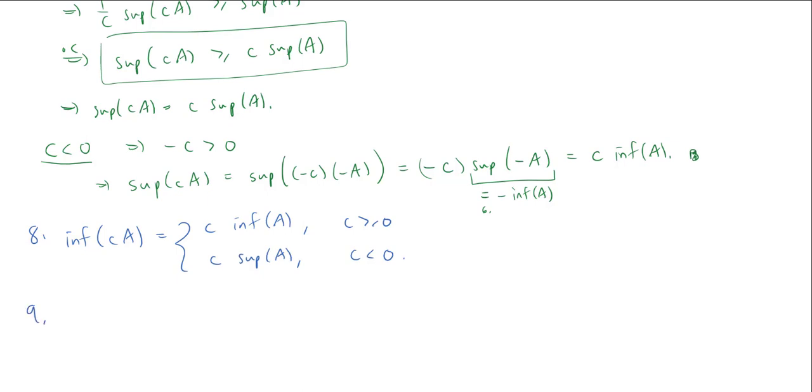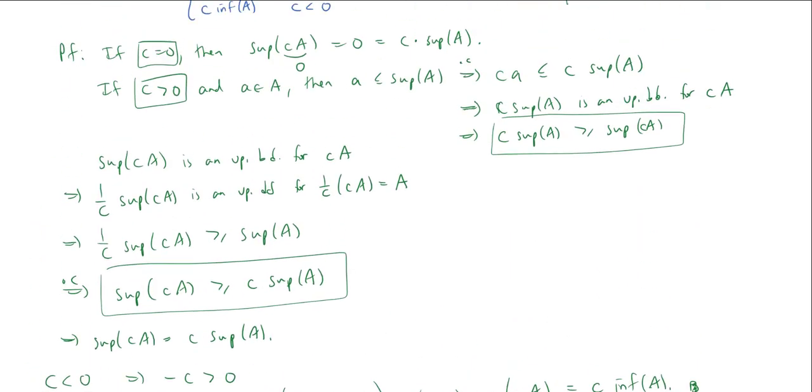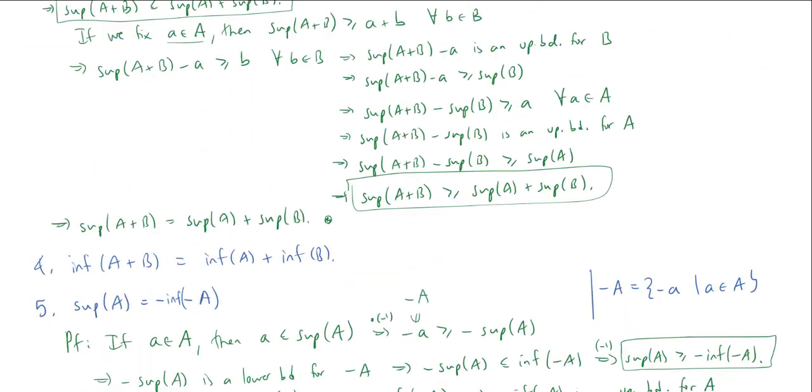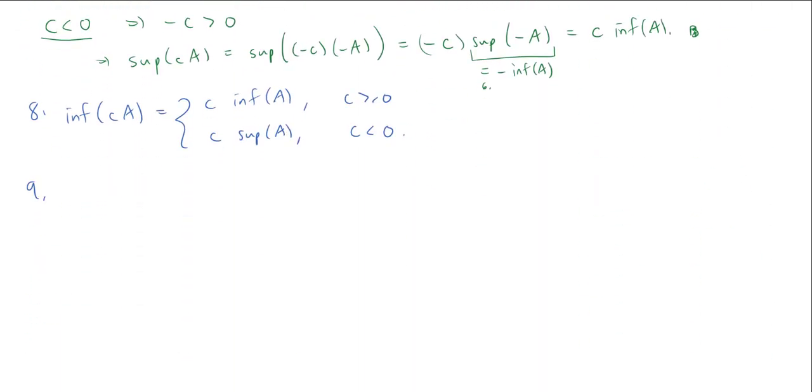Okay, how about number 9? Well, we haven't used the functions that we started with. At the very beginning, we had 2 functions, f and g, whose domain was this set A. So we're going to finish by writing down 2 results about f and g.